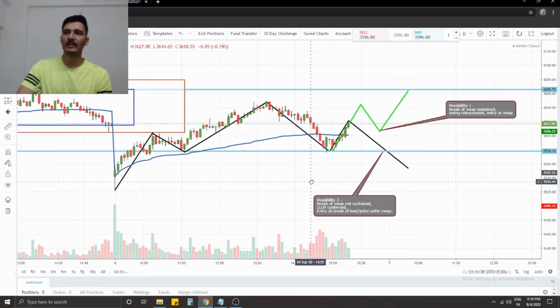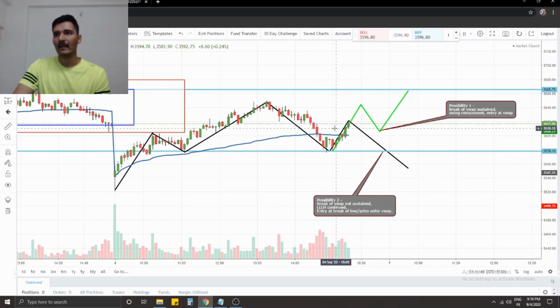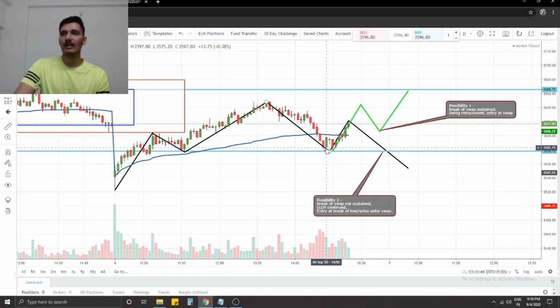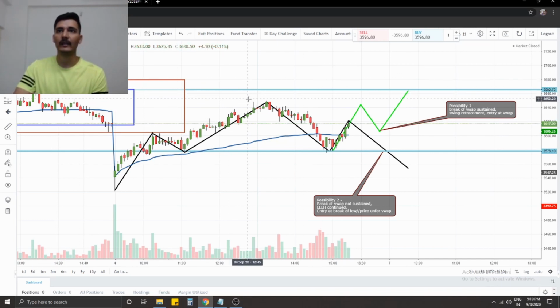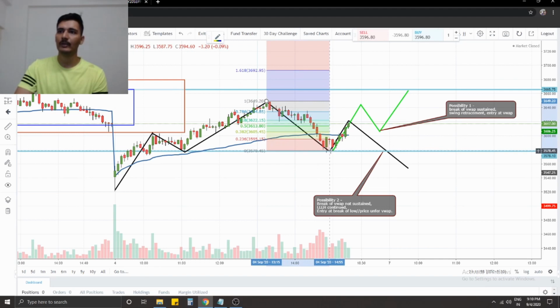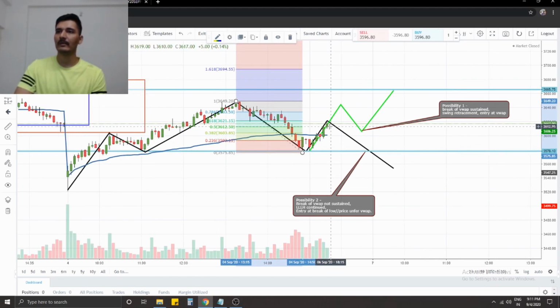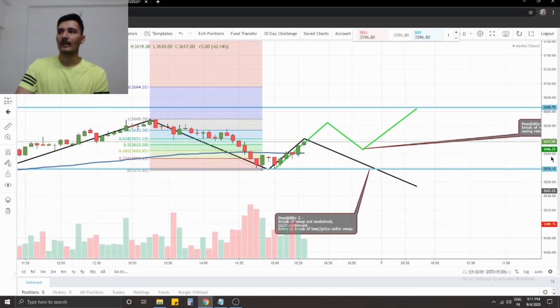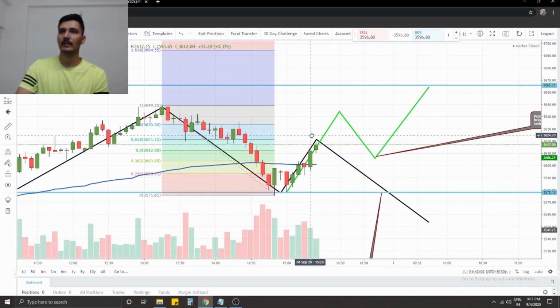So the first possibility is that it has taken support from it in the last half an hour of the trading session, and it is also more or less at the 50% retracement of the swing leg. If I use the retracement tool, I guess it's going to be a bit more apparent. Yeah, the 50% retracement, I'll clear it out for you guys.